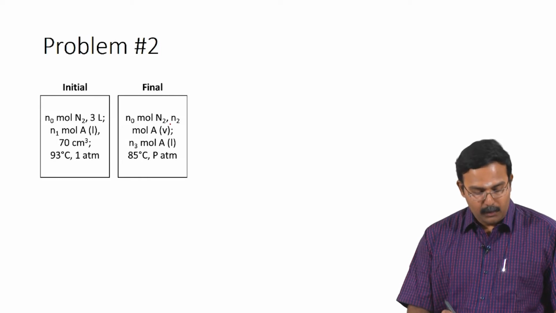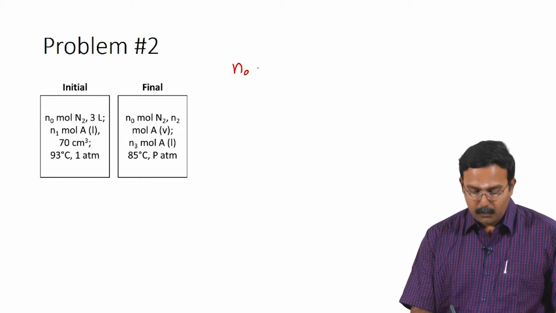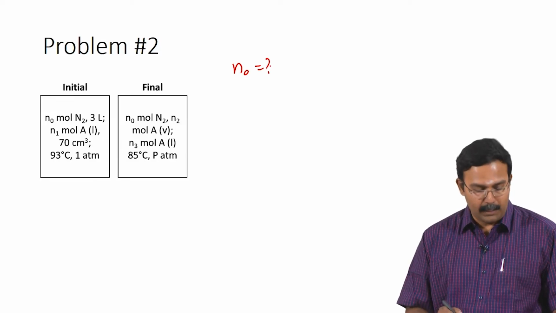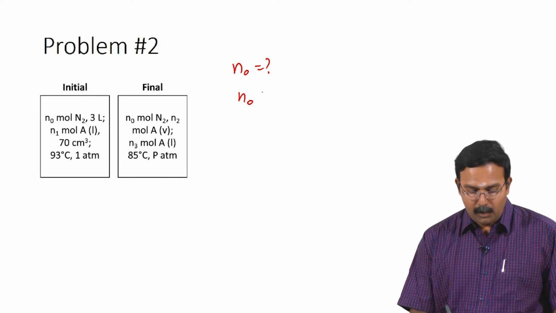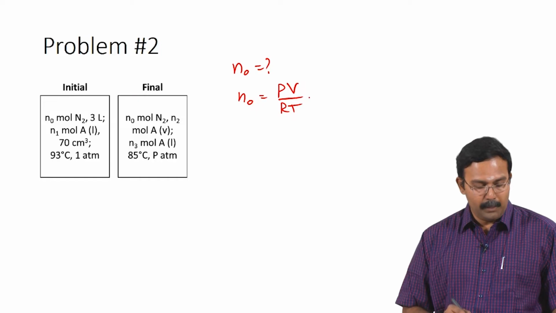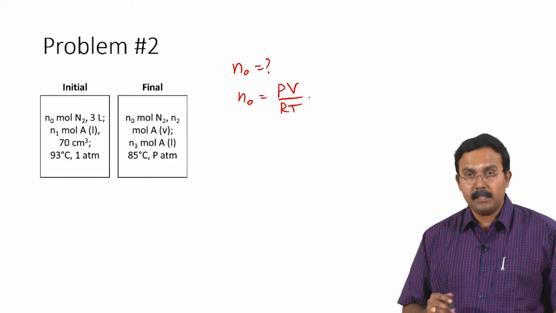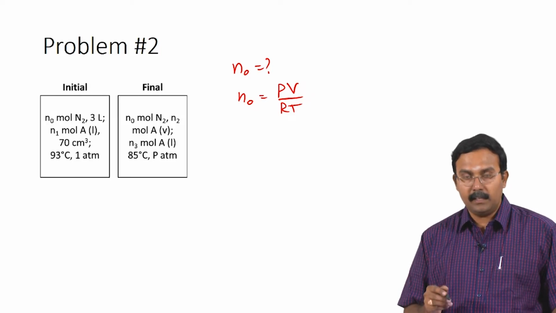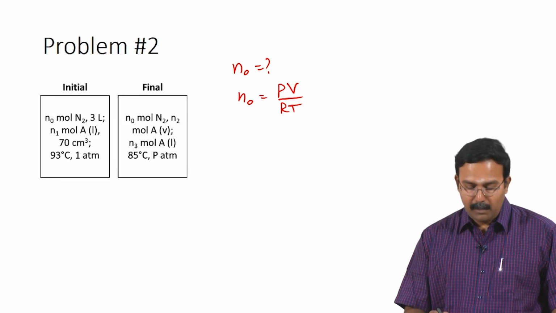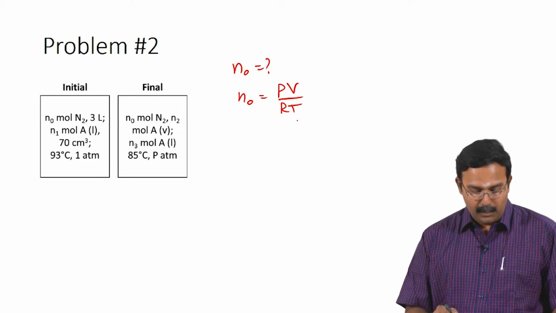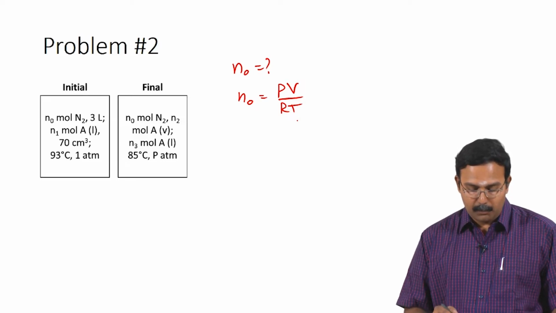First, to calculate N0 moles, we have to use the ideal gas law. Assuming ideal gas behavior for nitrogen, we can calculate N0 as PV by RT. We have been told that the temperature is 93 degrees Celsius, which means T would be 93 plus 273 Kelvin, and you have volume as 3 liters, R would be 8.314 and pressure is 1 atmosphere.